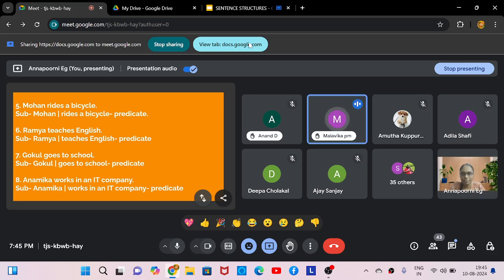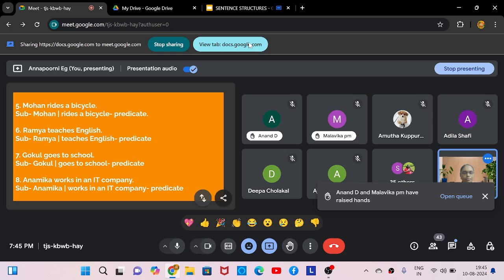Ramya teaches English. Subject Ramya, teaches English predicate. Very good. Okay. Next is Deepa. Can you read the example? Arsha, can you read the seventh one? Gogol goes to school. Okay, you can read the subject and predicate as well.